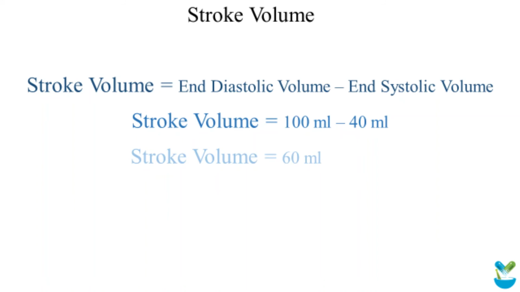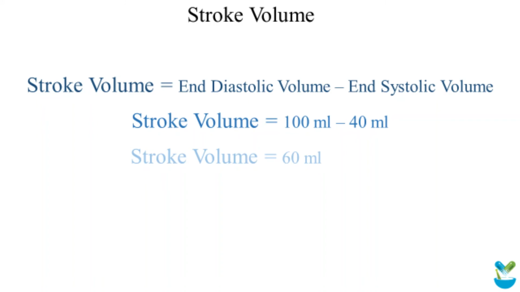Ventricles contract, blood ejects out, but after the contraction there is still some amount of blood left in the ventricles, that is ESV, and let's suppose that is 40 ml. So if you subtract that 40 ml from 100 ml, you will get 60 ml. So the 60 ml is the stroke volume.